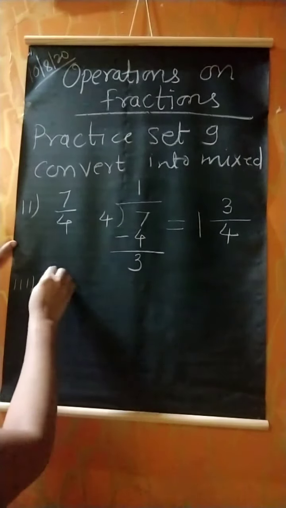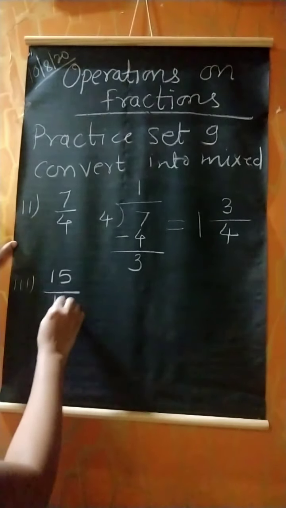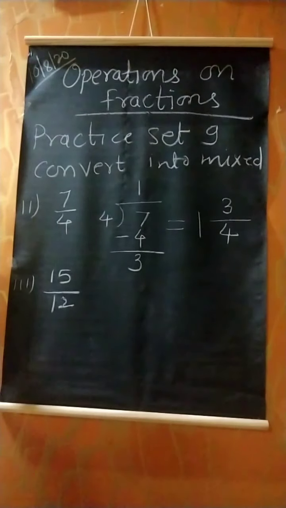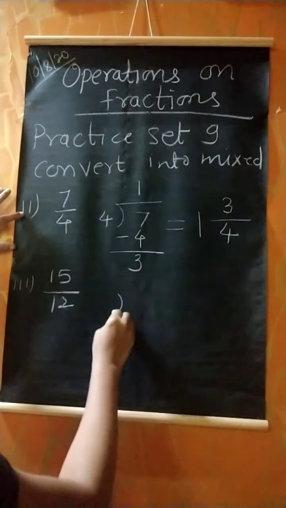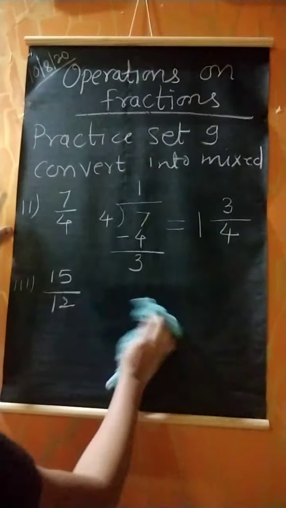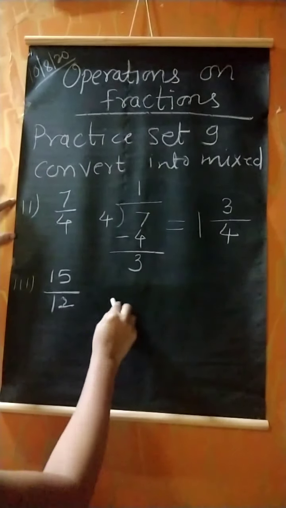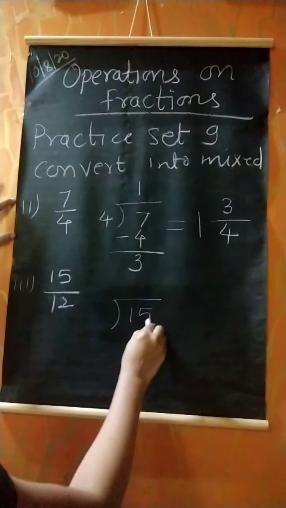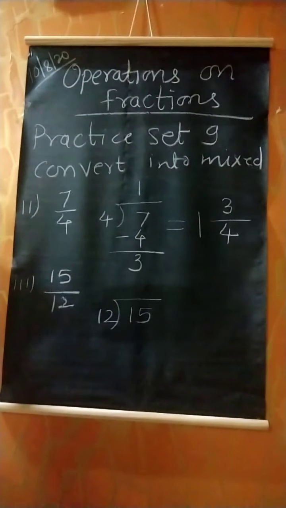Next, 15 upon 12. That means 15 divided by 12.